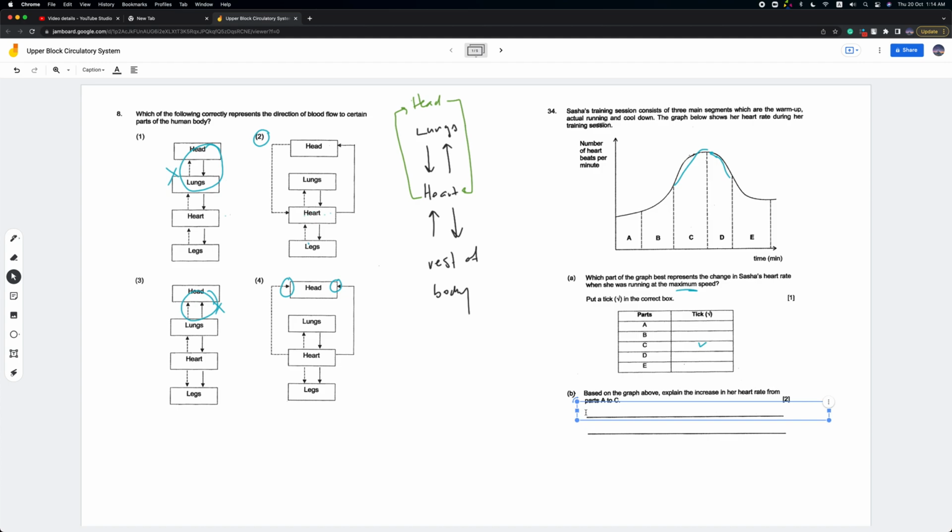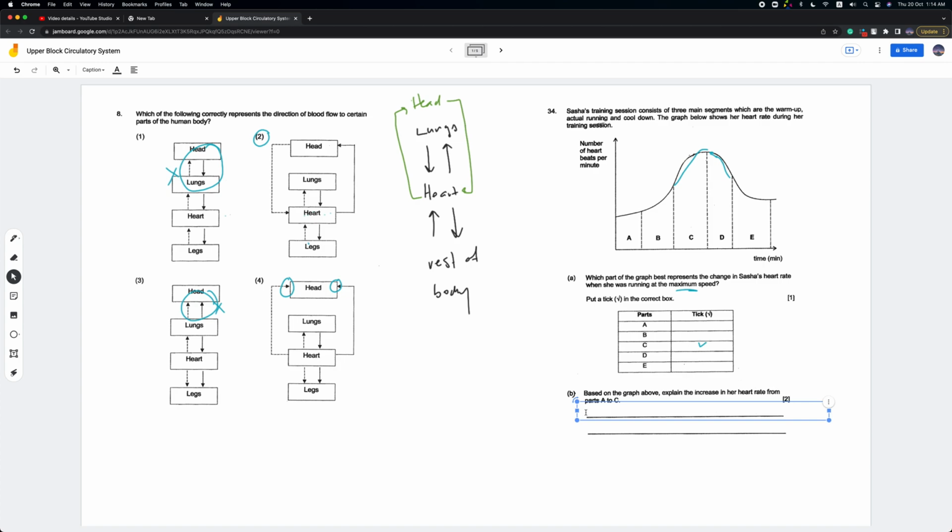So we'll answer the question first. Okay, every time a question comes out about heart rate increasing, most of the time it is because you need more energy. Alright, and one of the main methods that we're going to use is to use words from the question in our answer.